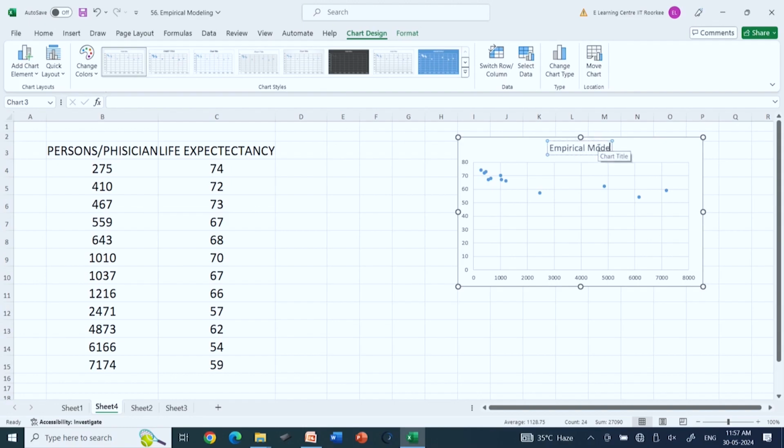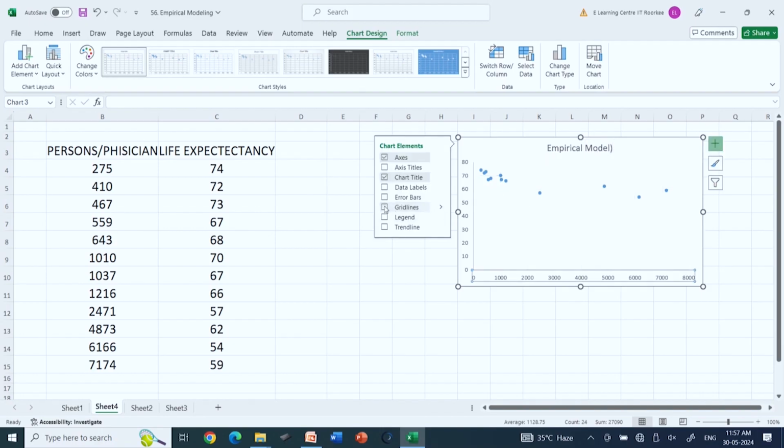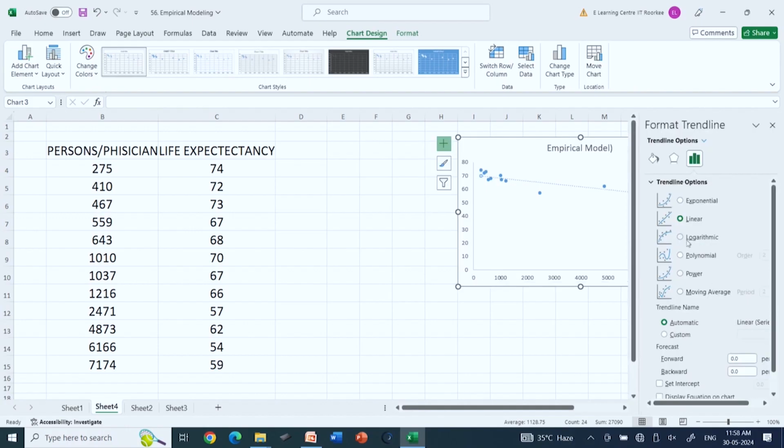I don't like grid lines, go to trend line, click this and exponential. Or I can go to more options and I click exponential.